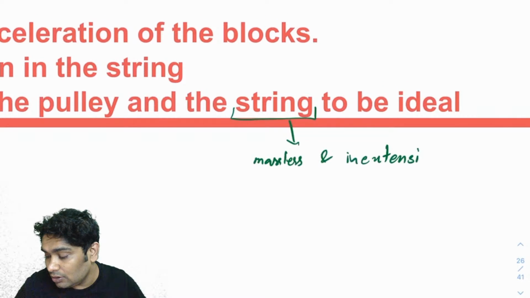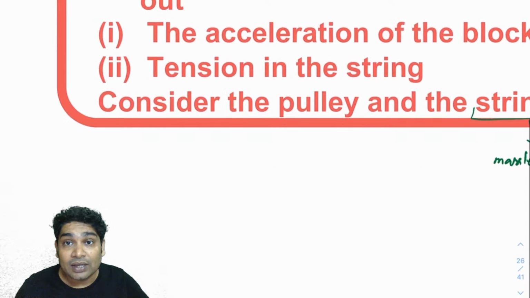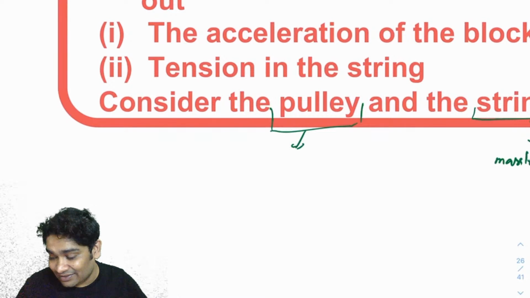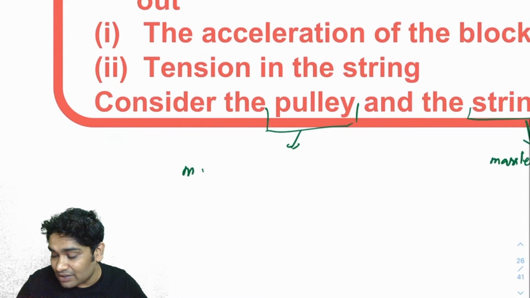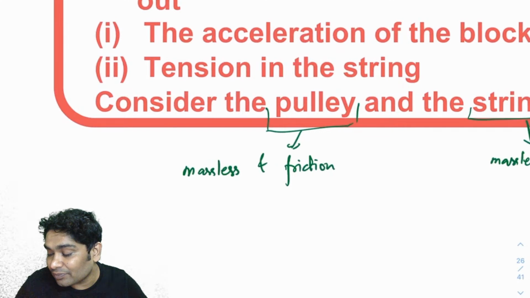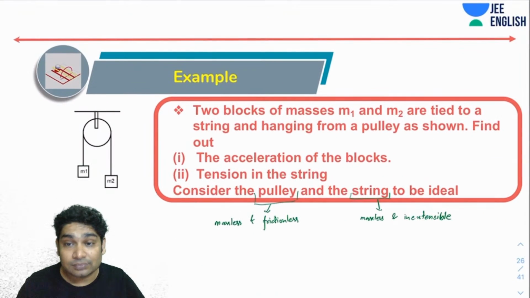An ideal pulley is massless and frictionless. So please remember this. Whenever you see an ideal pulley in your problem, that means your pulley has no friction and no mass.